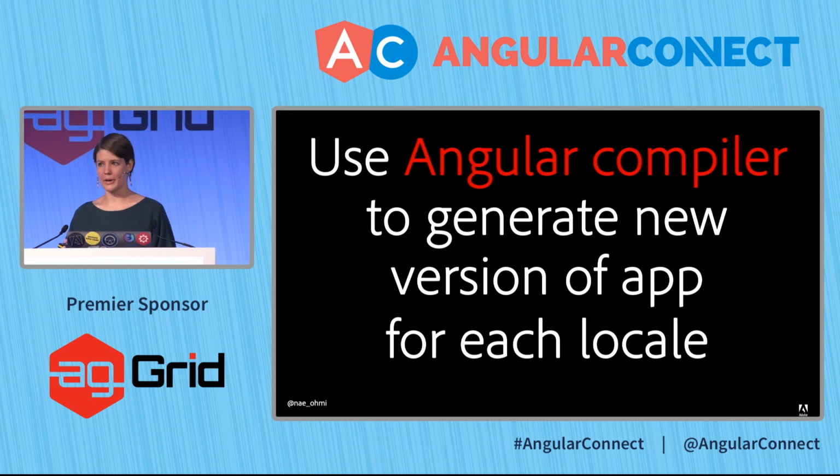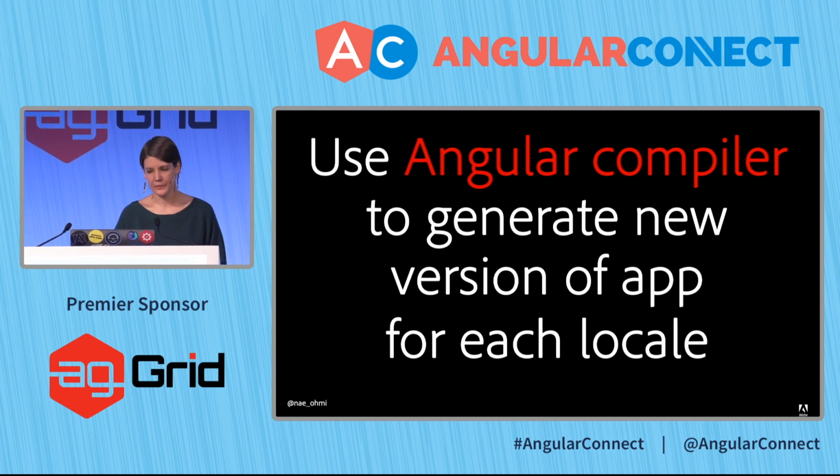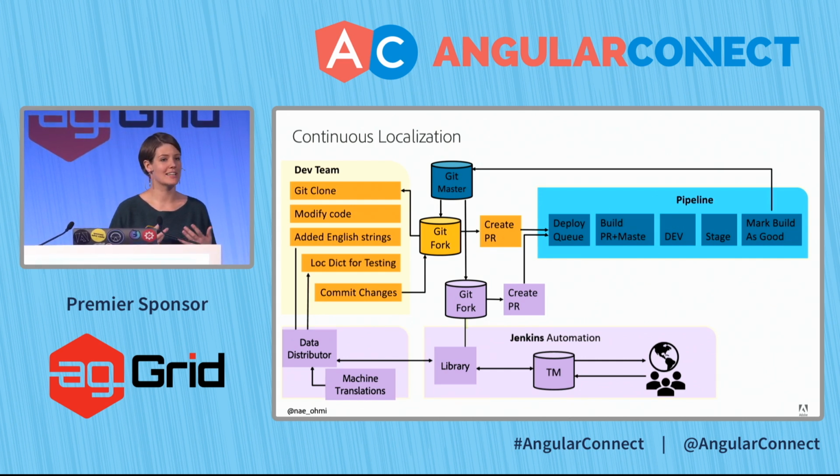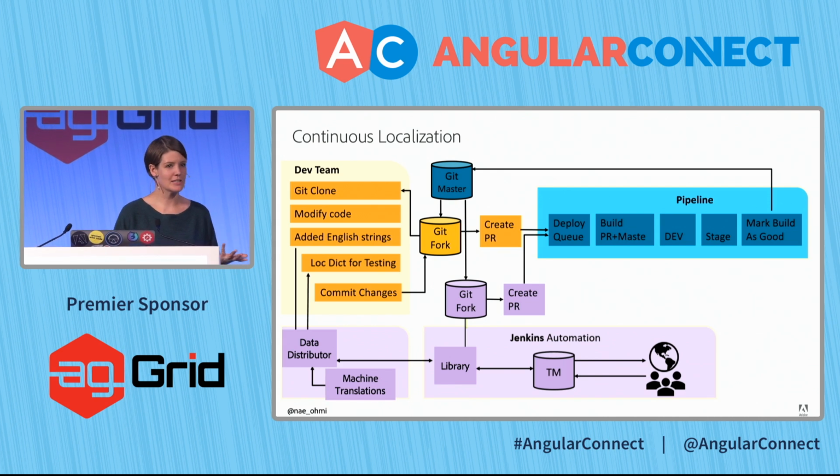And the Angular compiler way to do it is fine, but I wanted to share the way that we do it at Adobe. We do a process that we call continuous localization. And we have a number of custom tools and pipelines that we include for localizing and updating all of our strings.